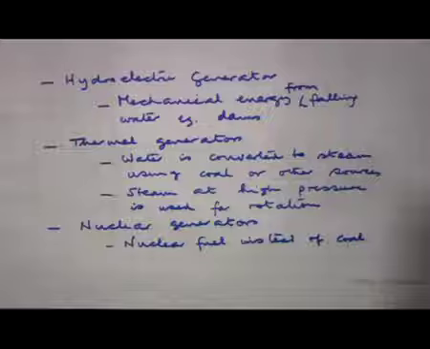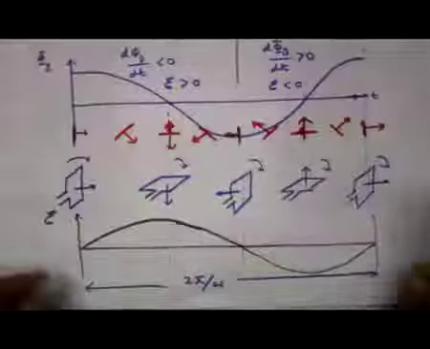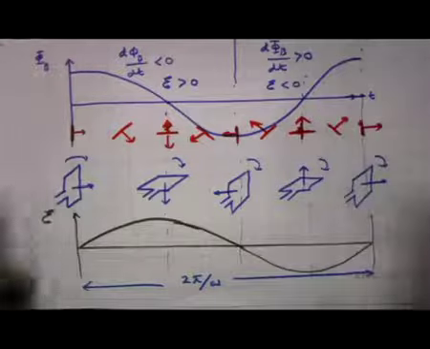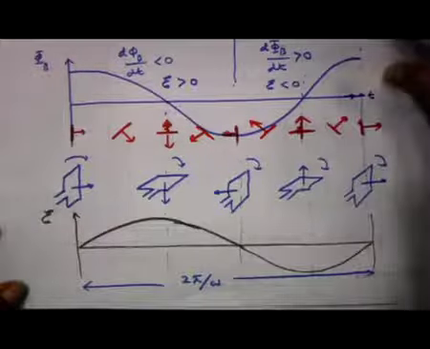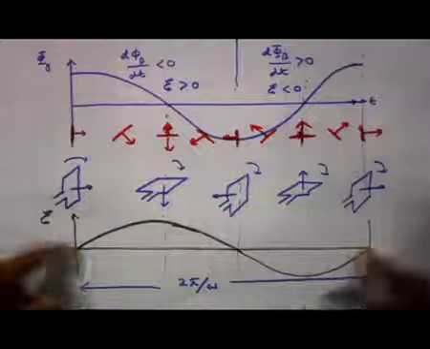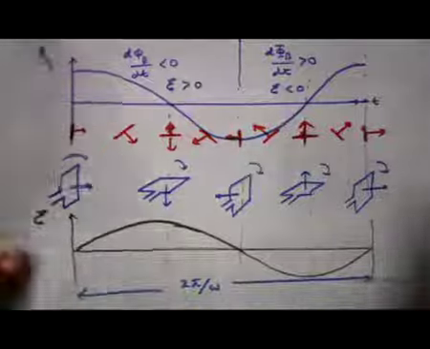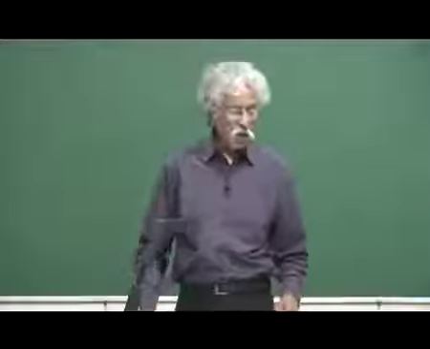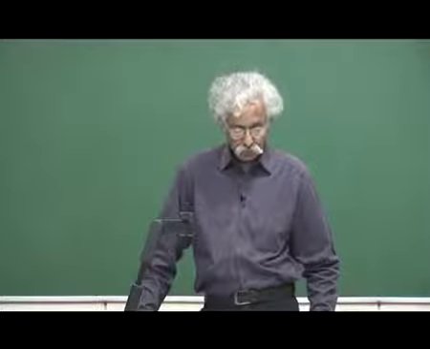And as I mentioned, the frequency of this induced EMF, that means this time period, or the frequency at which the current is changing with time, depends on the frequency of rotation of this coil, and typically in India this frequency is about 50 hertz, and in some other countries it is 60 hertz and so on. So, depending on the frequency of rotation of the coil, you will generate currents of different frequencies.